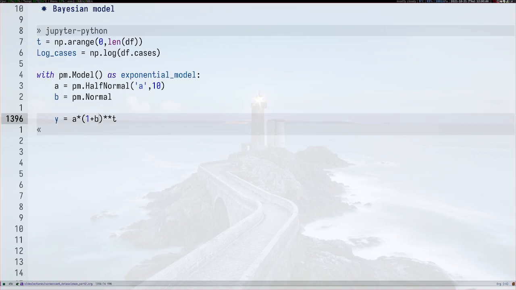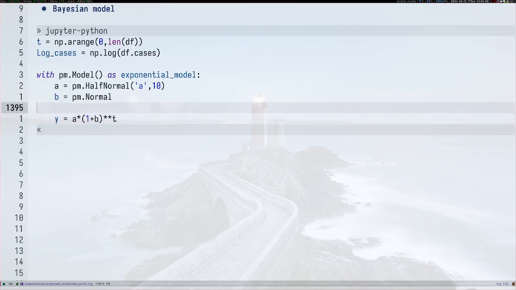Of course, over the range where we have exponential growth, we expect B to be positive. Yeah, this 1 plus B is of course closely related to the R measure that is often mentioned in the news. If 1 plus B is bigger than 1, then we're growing. If B is negative, so 1 plus B is smaller than 1, we're in the range where the epidemic is dying out.